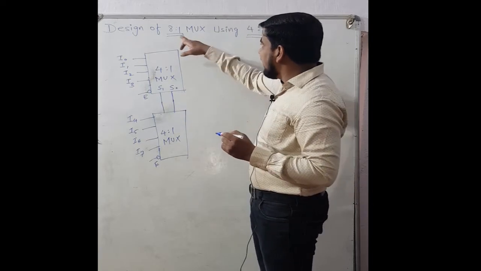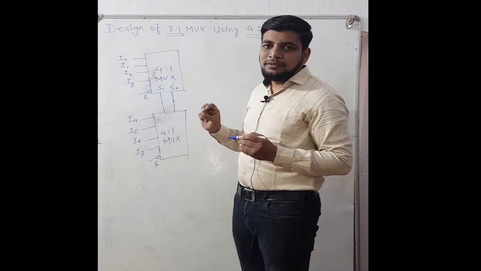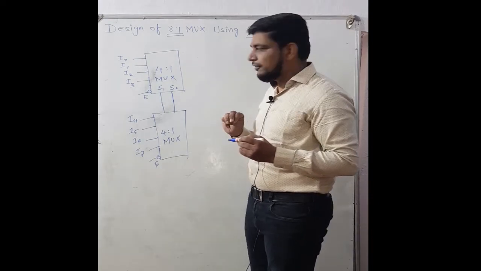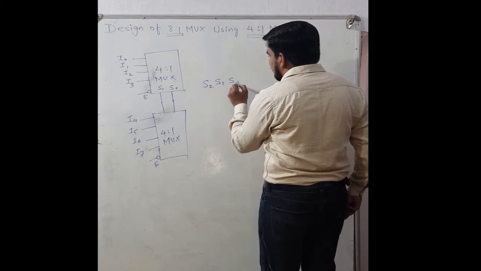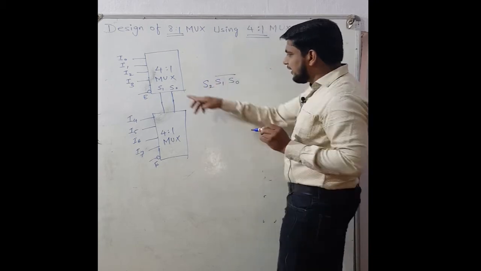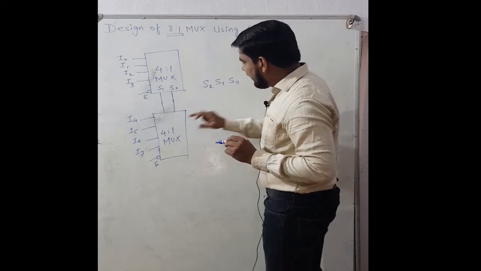But we are designing 8:1 mux. So, how many select lines are required for 8:1 mux? We know that 3 select lines are required, that is S2, S1, S0. These 2 select lines, S0 and S1, we have already used, which are common between these 2 multiplexers.